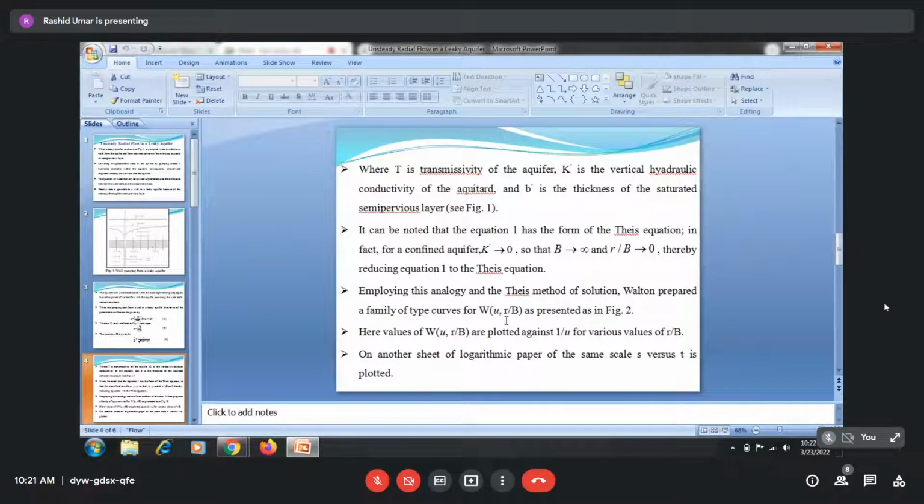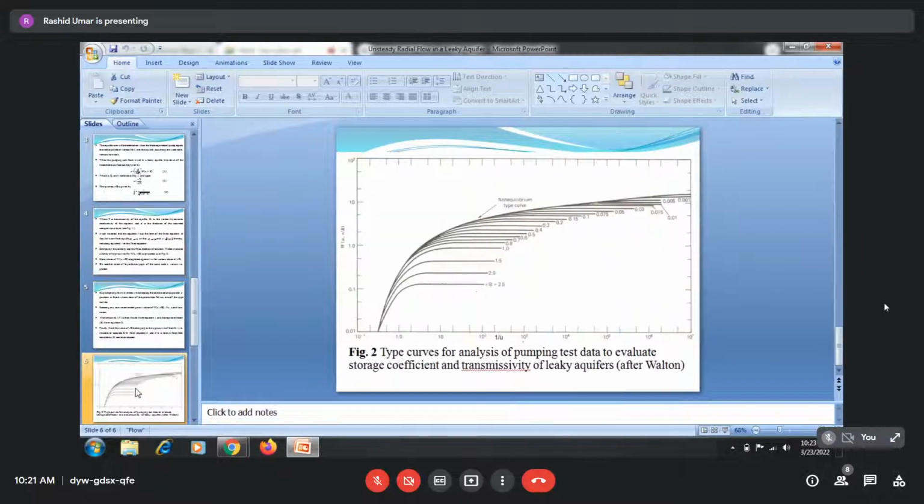It depends on the geological characteristic of the aquitard, what kind of hydraulic conductivity the leaky formation has, and what is its thickness, all those things. So Walton has developed a family of type curves. I will show it to you.